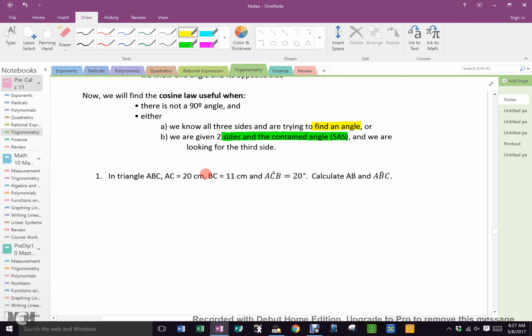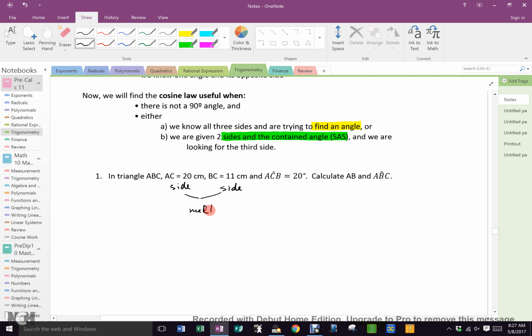So I have triangle ABC. AC equals 20. Is that a side or an angle? That's a side. BC equals 11. Is that an angle or a side? Side. And since it's AC and BC, where do these sides meet?